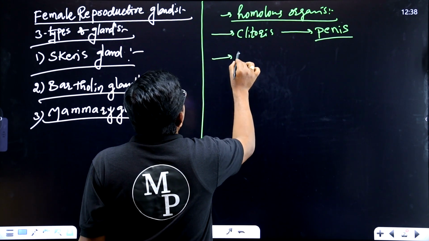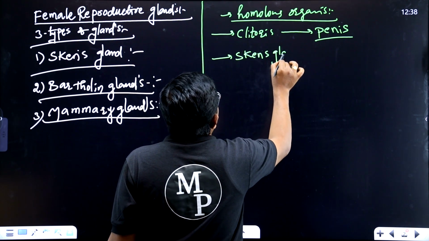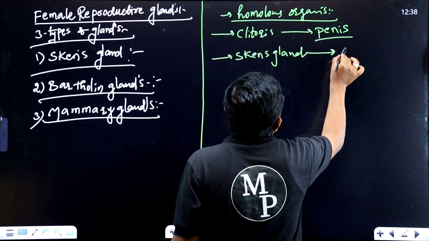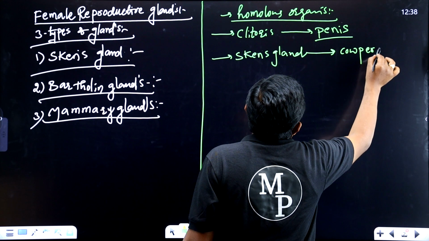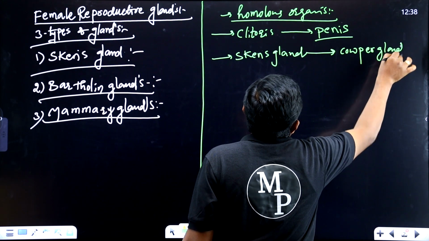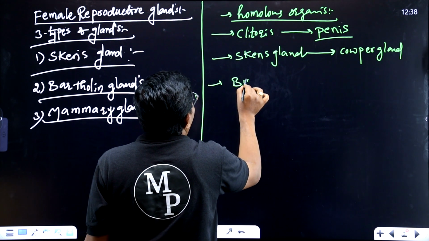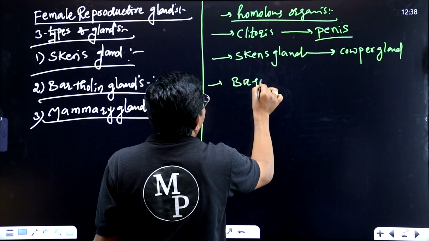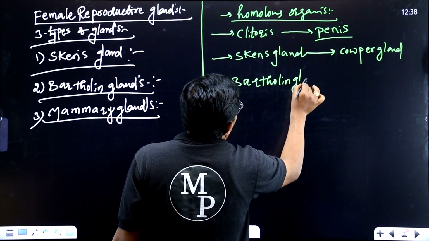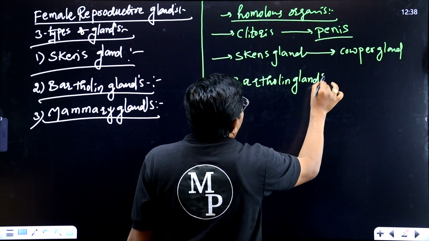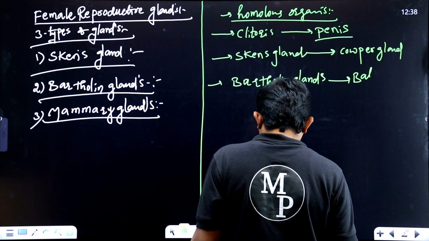Next, Skene's gland is homologous to the Cowper gland or prostate gland. The Bartholin glands in the female reproductive system are homologous to the bulbourethral glands.